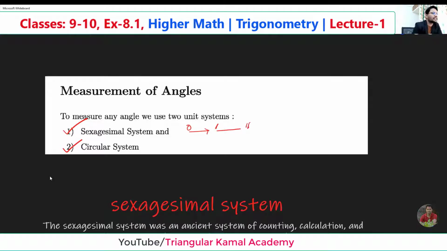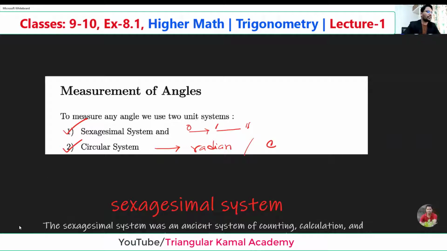So in the sexagesimal system, there are three consecutive units: degree is the greater one, then one step smaller is the minute, and then the second. In the circular system, the unit is the radian, or radian angle, and we can use the symbol C for the radian angle.